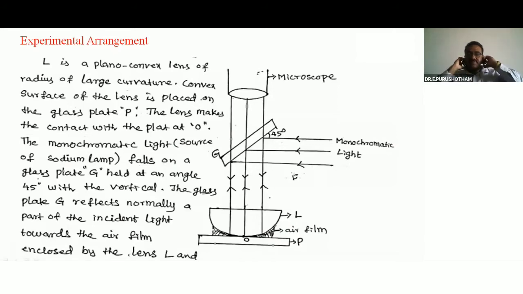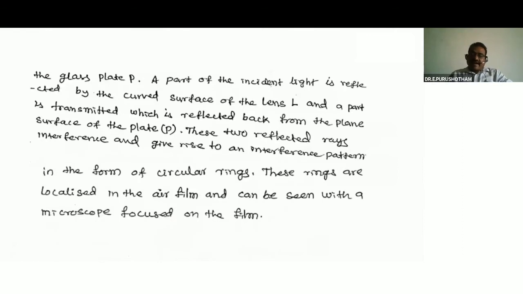Some part of the light is incident at point C and reflected. Other rays are reflected as ray 1 and ray 2. These two rays superimposed on each other and give rise to dark and bright rings. These are called Newton rings.